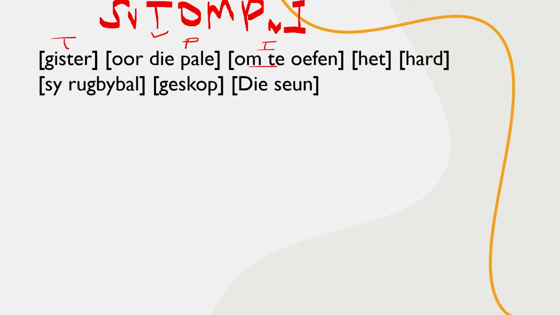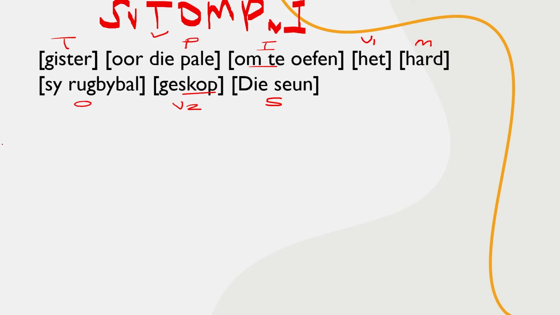Het, I told you het is always verb 1 because it's an auxiliary verb, a hulpwerkwoord. Hard is hard, so you are describing something, so it has to be manner. Sy rugbybal is rugby ball, so that is the object. Geskop, we know that skop is to kick, so that is verb 2 now, the action verb, and then die seun is the subject.